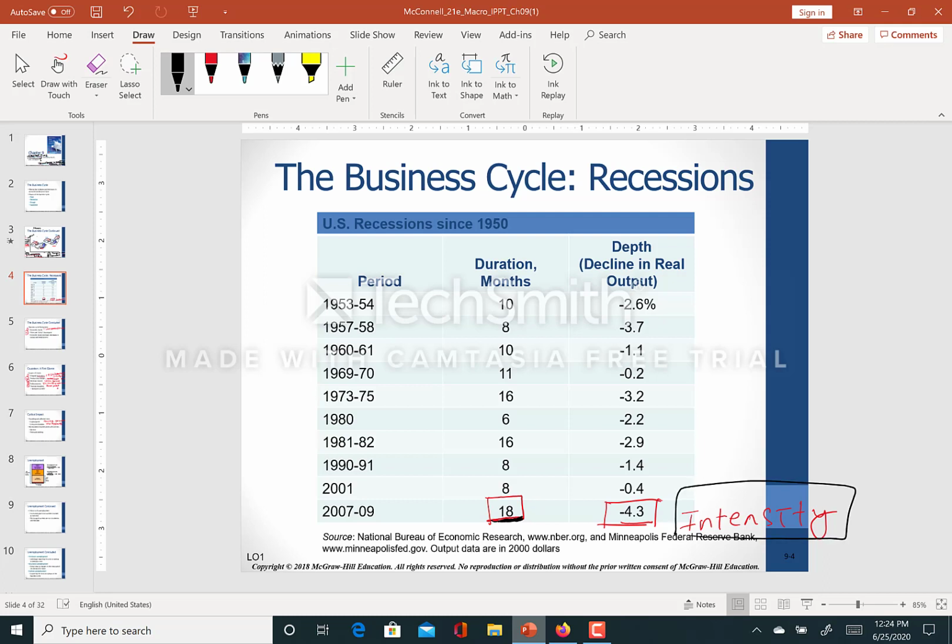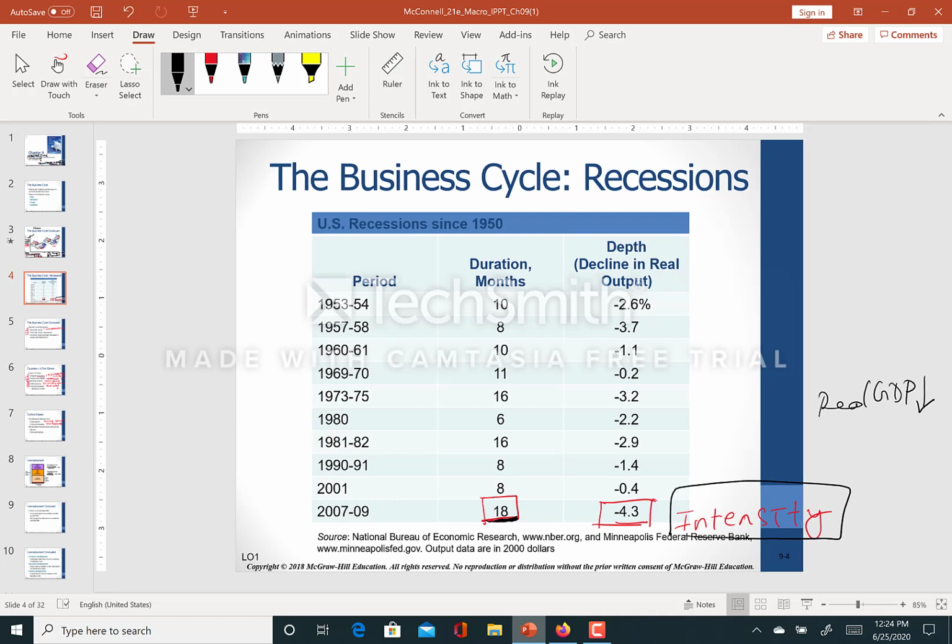That means we are looking at how much the real gross domestic product went down during these recessions. So it looks like during 2007 to 2009, the real gross domestic product went down by 4.3%. However, it was more pronounced during the Great Depression of 1929.